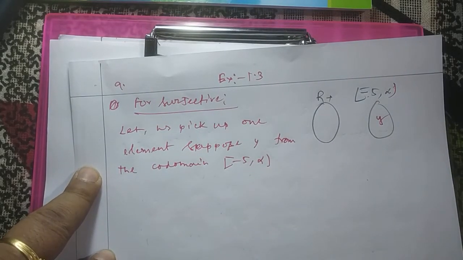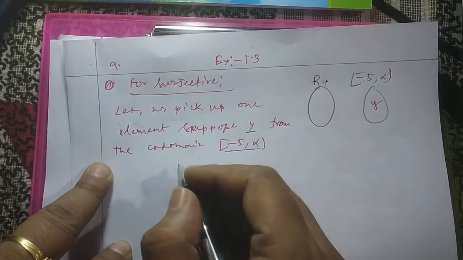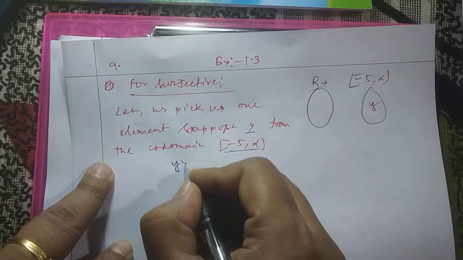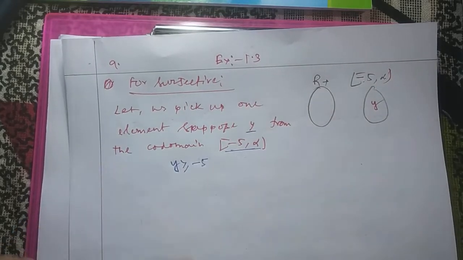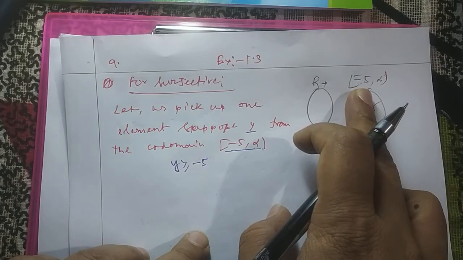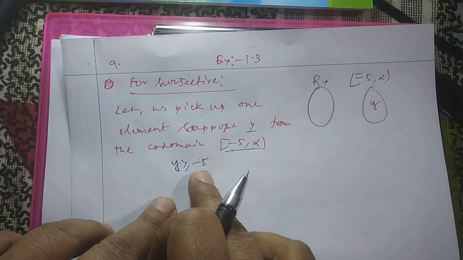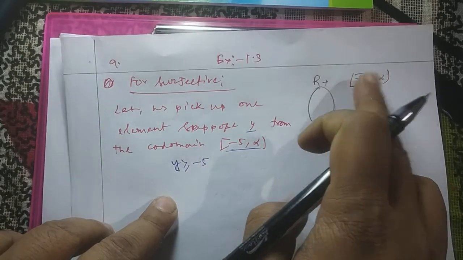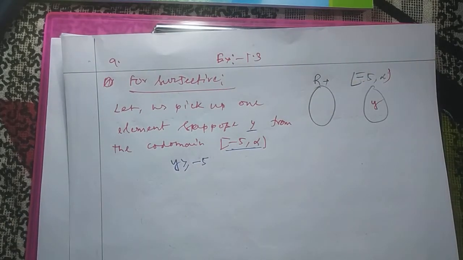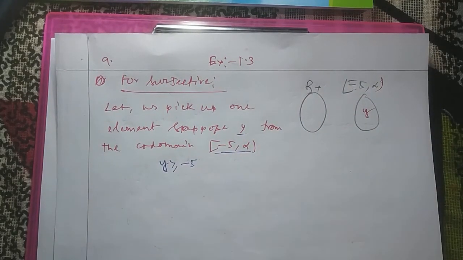Since we are picking y from the codomain set, y will be bigger than or equal to minus 5, because y belongs to the set minus 5 closed, infinity open. And we know every element of the codomain set will be of the form of an image, of the form f(x).